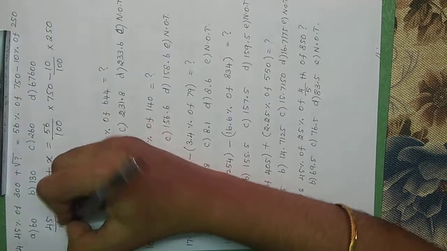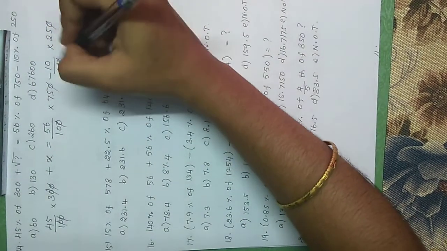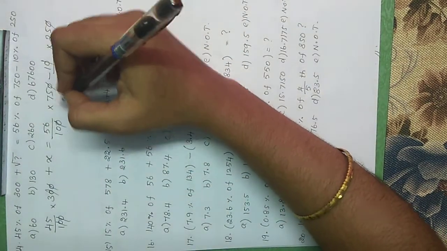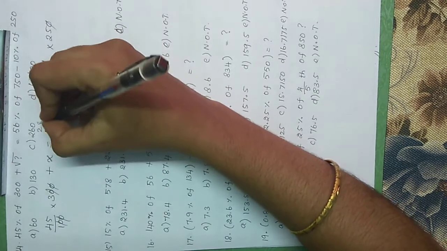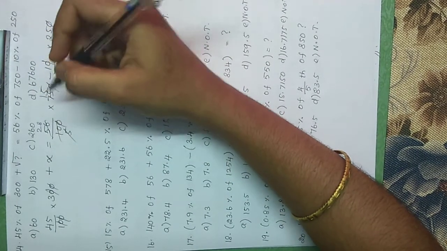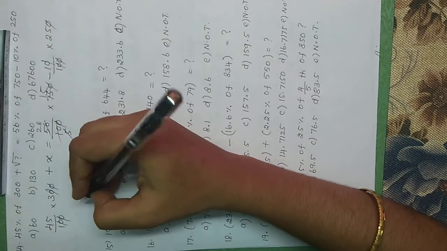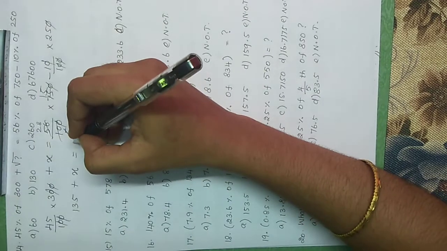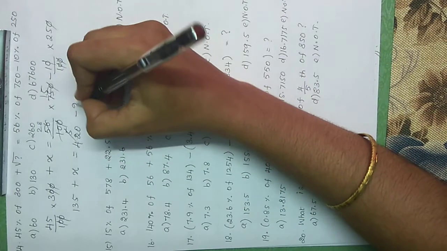So we cancel the zeros. Solving, we get 135 plus root x equal to 420 minus 25.